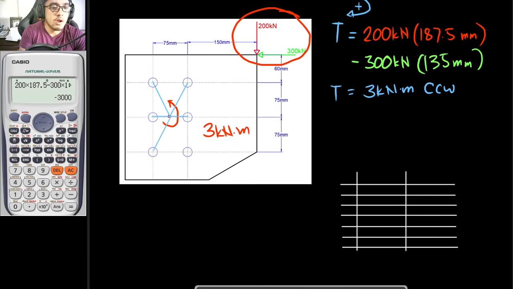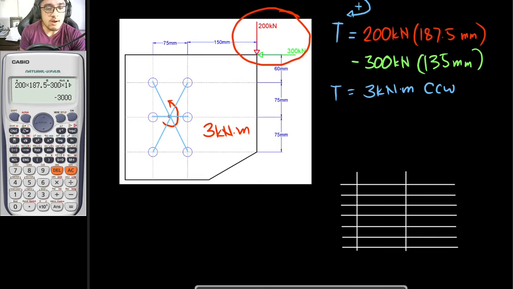What I'm doing is just drawing a line from the center of the bolts to the centroid of the bolt group. And after which you would draw a line that is perpendicular to these lines. So it may be this one right here or this one right here. So this would be the resisting force of your bolts.